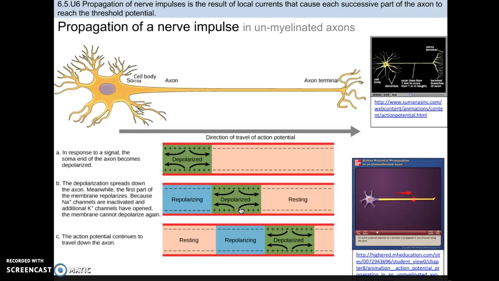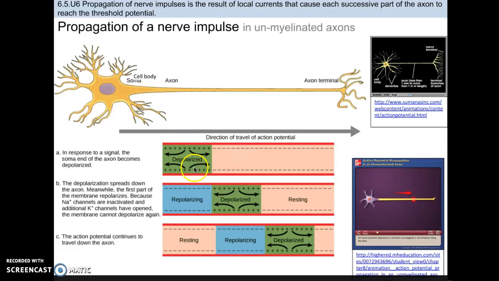Okay, this is what we're going to look at one more time, just in notes form rather than me just explaining it on a video. But depolarization happens in response to a signal. The axon becomes depolarized. This is the second step. We talk about the first step being just resting potential.